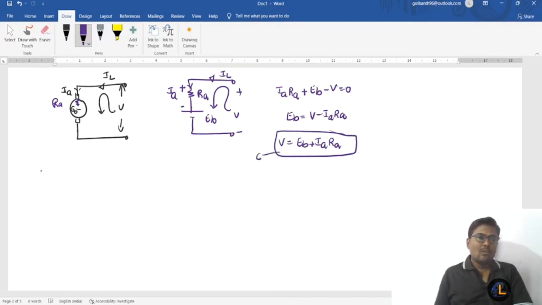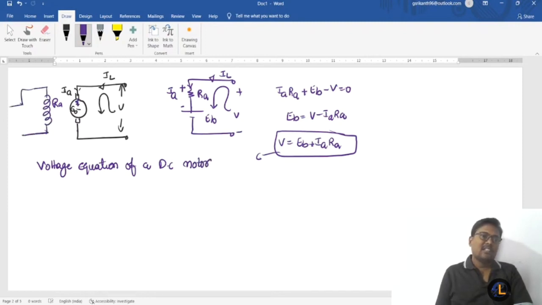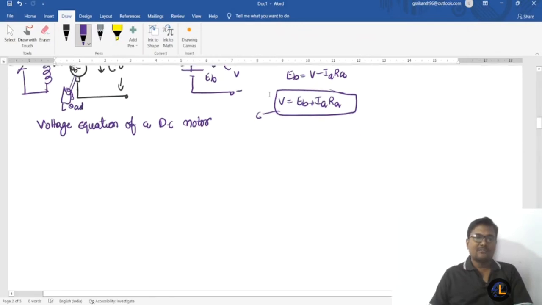This is the voltage equation of a DC motor. Here the field winding is excited with an external supply. Definitely the field winding is present, so that we can apply a mechanical load on the armature.